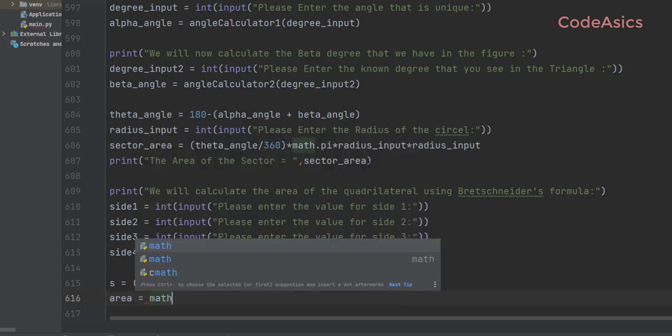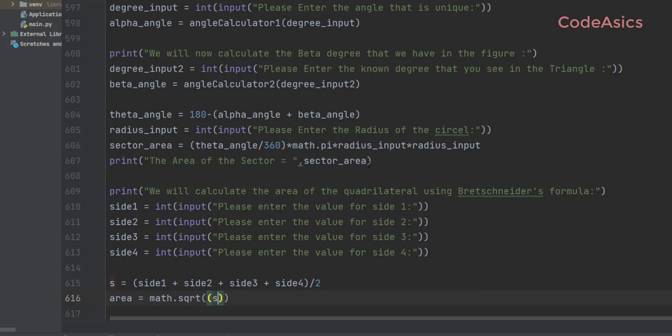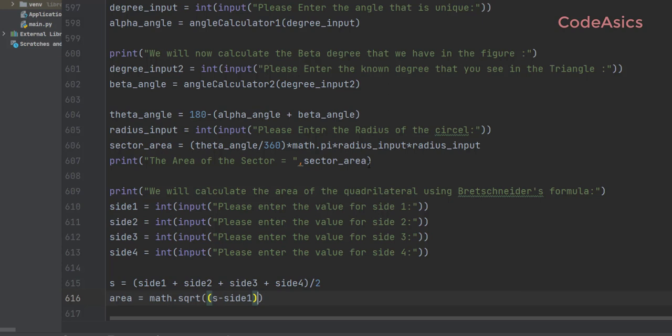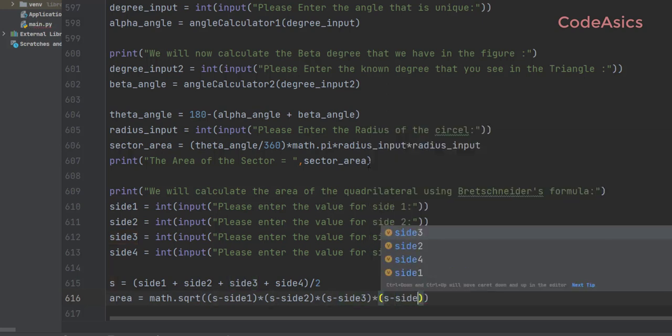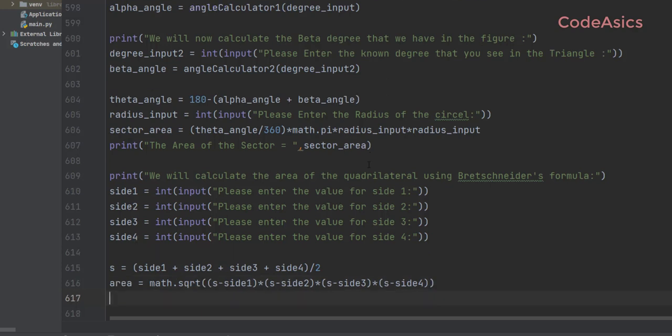Area is equal to math dot sqrt of (S minus side 1) multiplied with (S minus side 2) multiplied with (S minus side 3) multiplied with (S minus side 4), right? Fair enough. So that would give us the area of the quadrilateral.